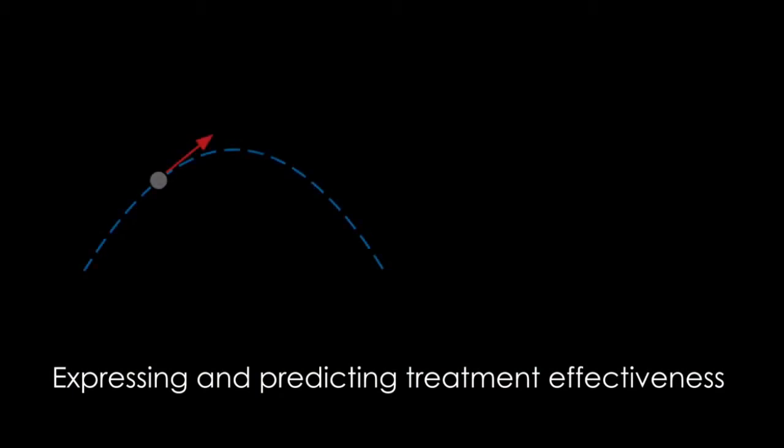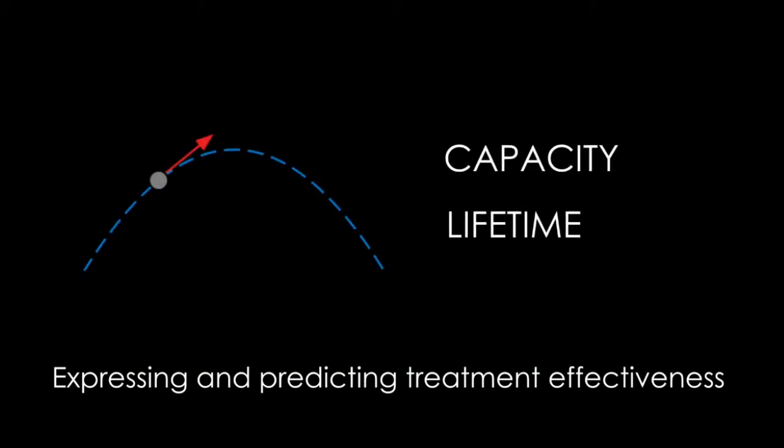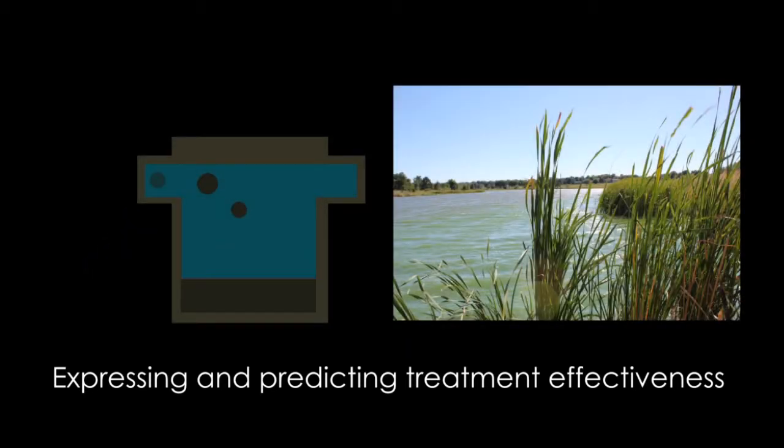Models can estimate the capacity or lifetime of a stormwater treatment practice. These models compare the pollutant's loading with the capacity of the removal mechanism. For example, the rate of the accumulation of sediment within a wet detention pond in comparison to the rate the sediment load is removed.